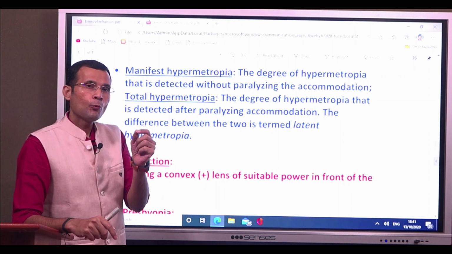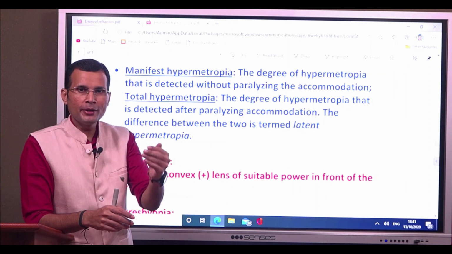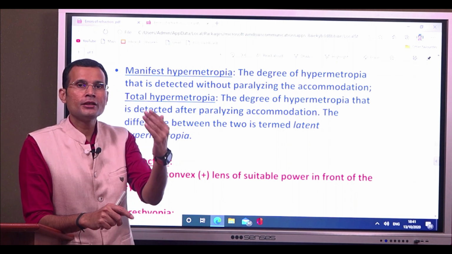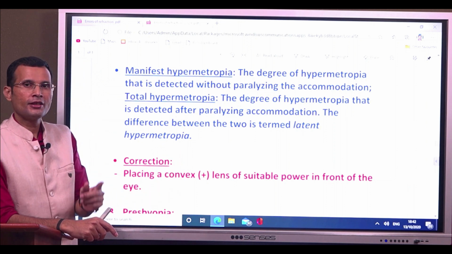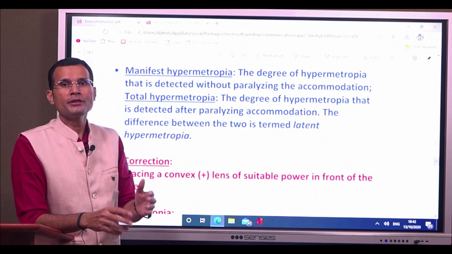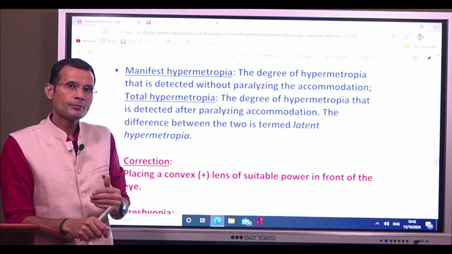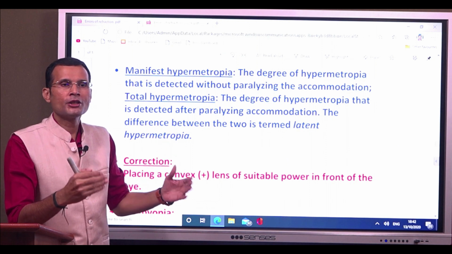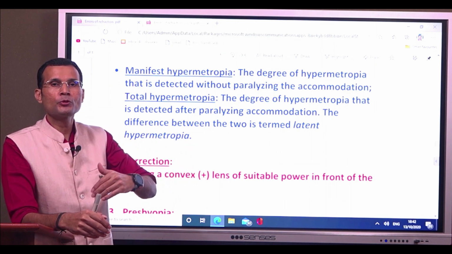Look, why do we need to paralyze the accommodation? Because accommodation is causing the changes in the eye to see the near objects. Here we are discussing that the near objects cannot be seen clearly, and therefore with accommodation and without accommodation, how much is the difference that the person cannot see the near objects, up to what distance?